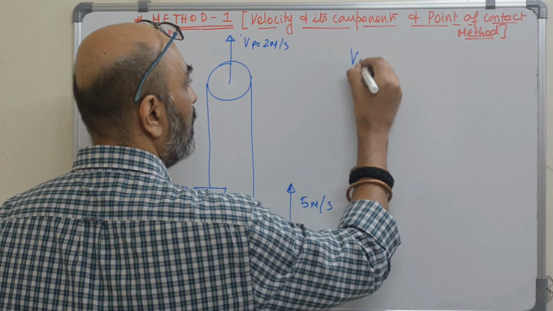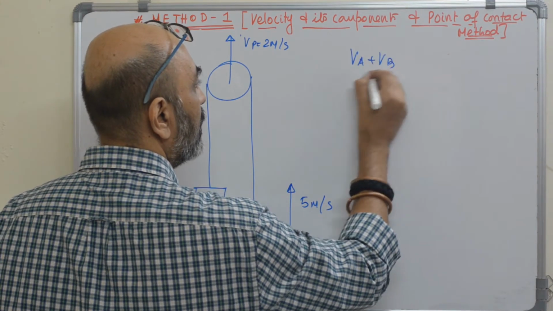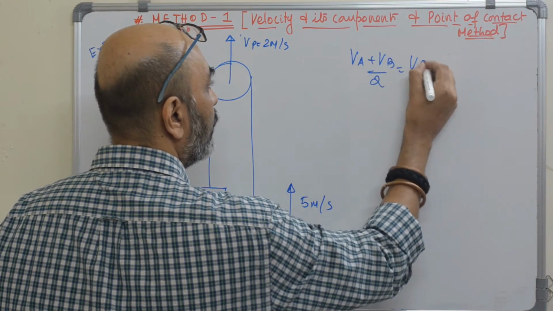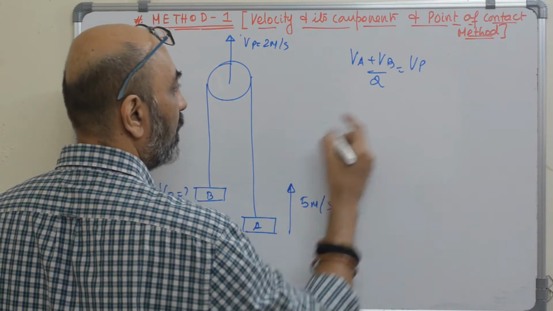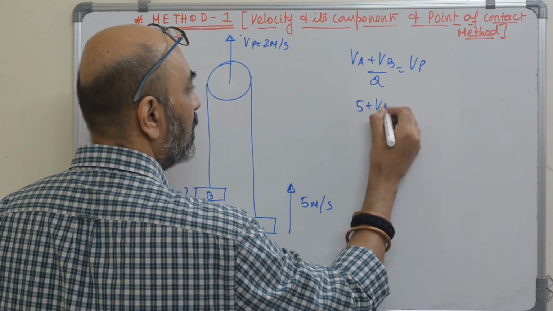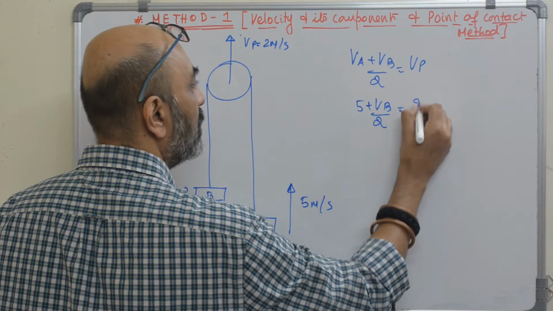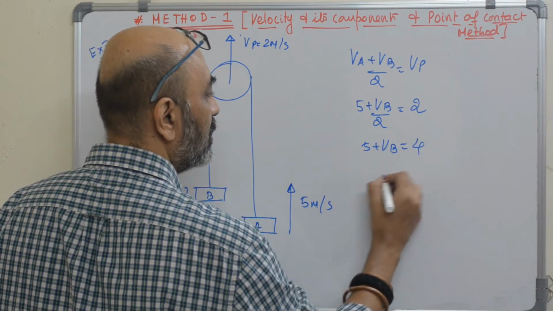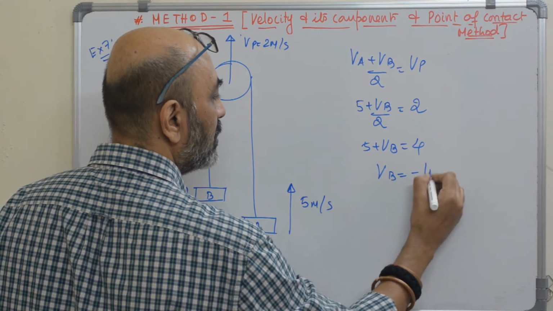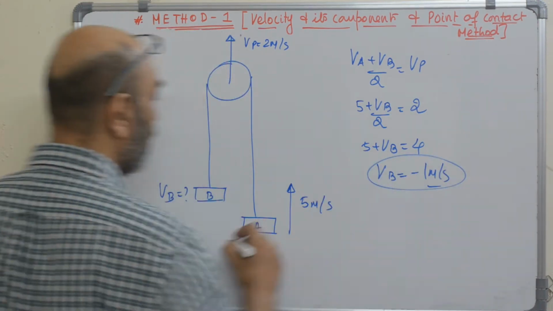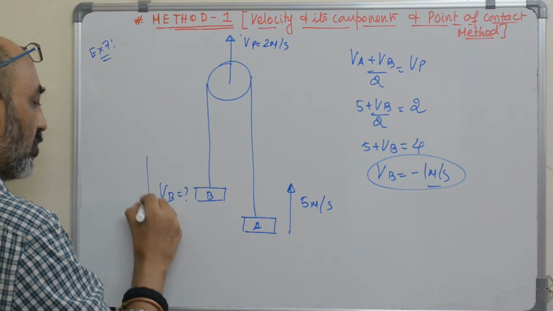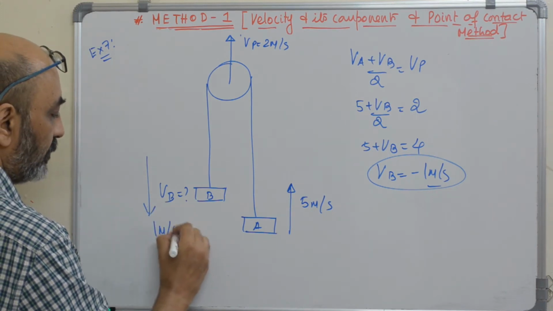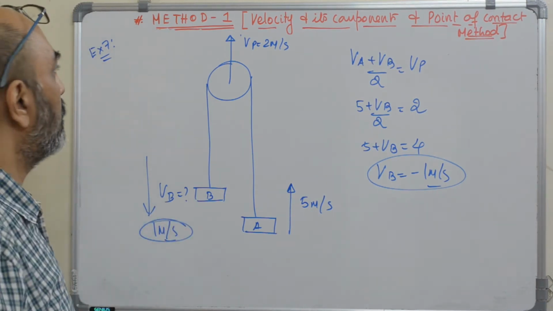So again, (VA + VB)/2 = VP. VA is going upward, so 5 plus VB by 2 is 2. So we have 5 plus VB is 4. VB is -1 meter per second. That means this one is actually going down with a speed of 1 meter per second.